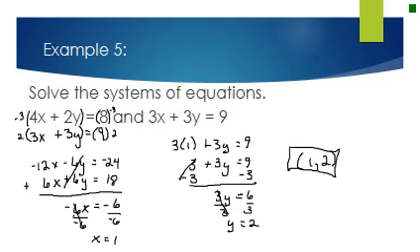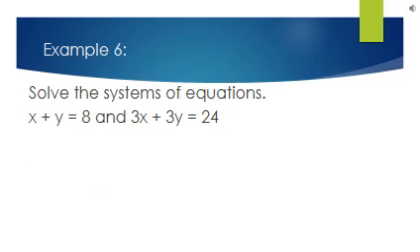Final answer. All right, just a couple more examples. Stay with me here, okay? So right here, let's go ahead and do the same thing. That gives us 3x plus 3y equals 24. We need to have opposites. Okay, so think about, what do you want to eliminate here, the x's or the y's?